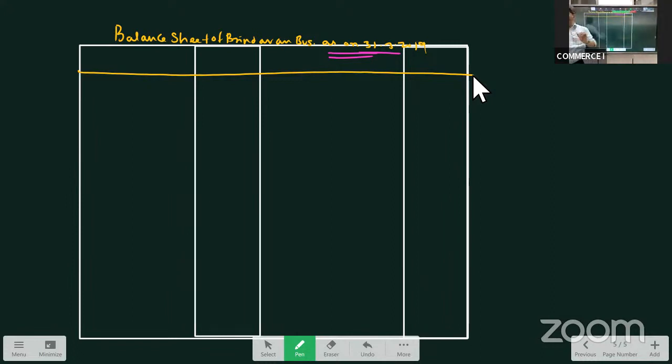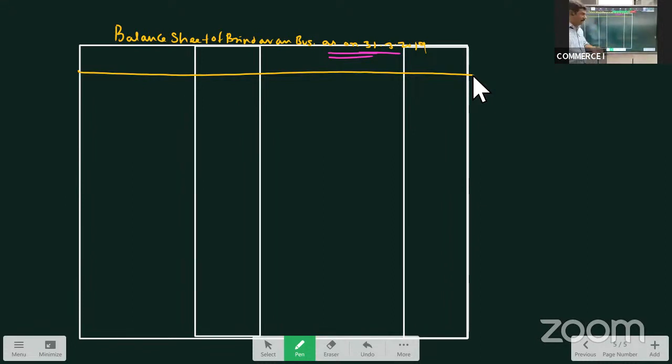Like purchases: if I'm preparing my trading account on 31st March and the purchases are shown at say 50,000, those 50,000 are not the purchases of 31st March. They are the purchases of 12 months. Total 12 months' purchases, salary, rent, wages. All these are shown for the entire year.